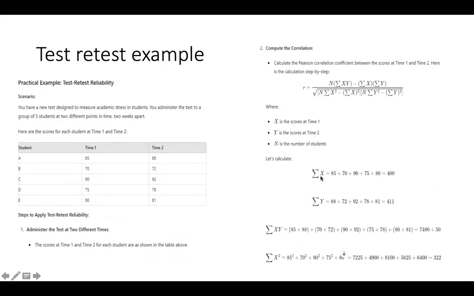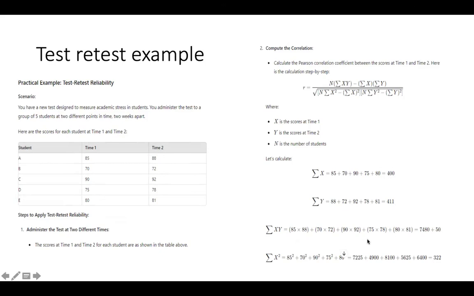Summation x means the sum of 85, 70, 90, 75 and 80, which gives 400. For time 2, summation y equals 411. Summation xy means we multiply individually, like 85 into 88, and so on, and then take the total.